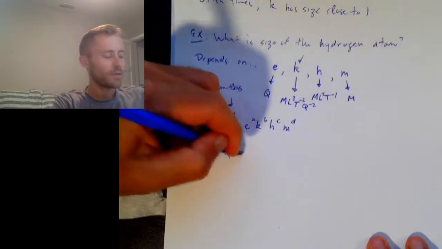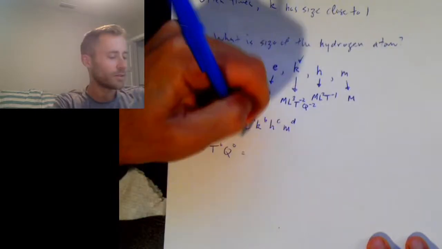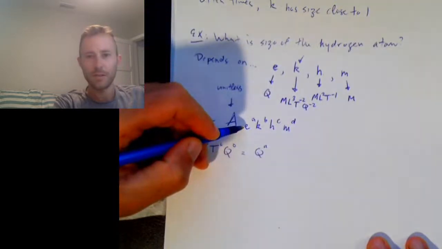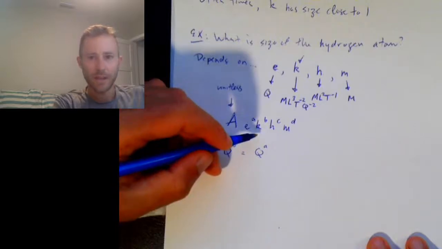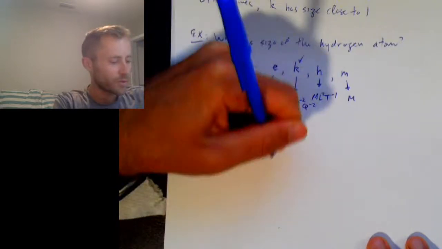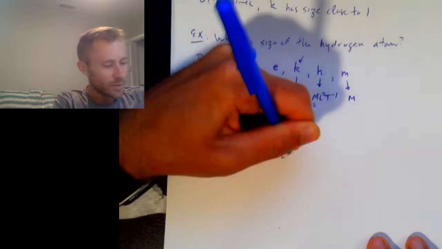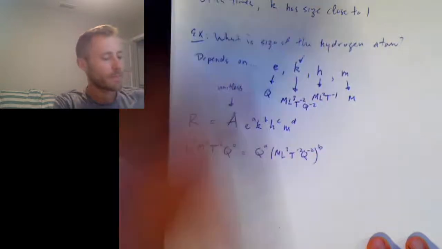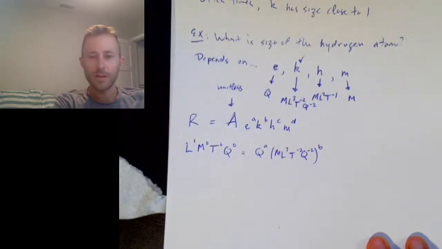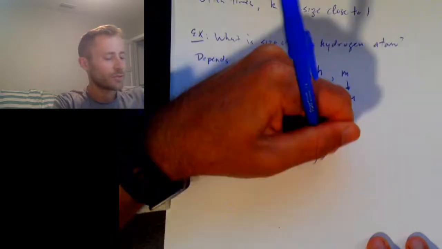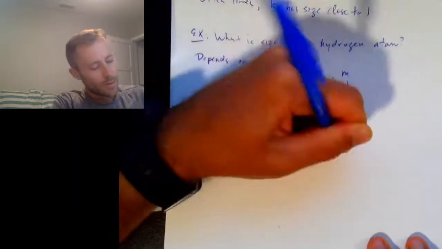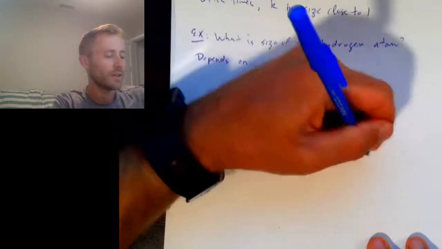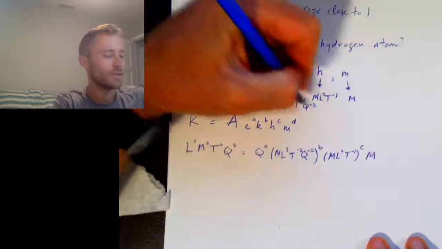The units on the right-hand side are Q to the a from e, and then k to the b power is m L cubed T to the minus 2 Q to the minus 2, all to the b. Then I have h, which is m L squared T to the minus 1 to the c power, and then m to the d power.